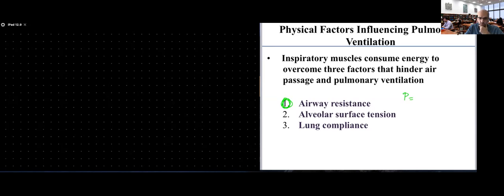Exactly, Martin. In the mean arterial pressure, if you remember, mean arterial pressure was equal to the flow, which is the cardiac output, times the total peripheral resistance. So what will determine the pressure? Two things, flow and resistance.